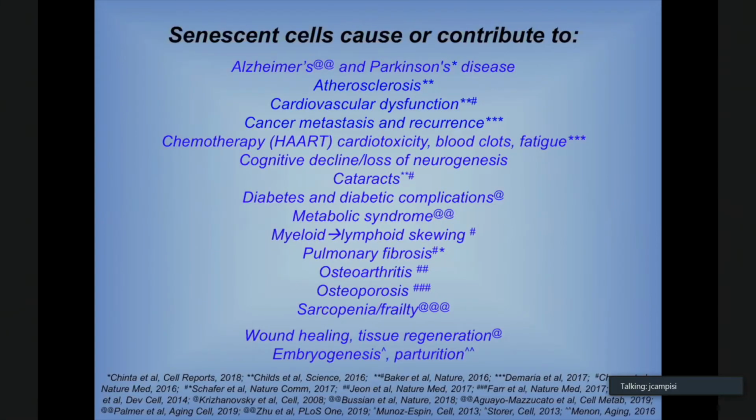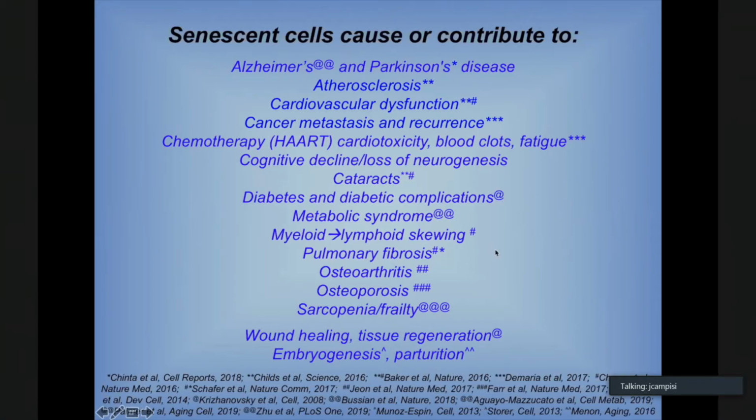So what this slide shows is a summary of published results. This is actually already out of date. I can hardly keep up with the literature right now, but you can see that virtually all of the diseases that I had on that first slide are in some way impacted in a positive way by eliminating senescent cells with these transgenes.